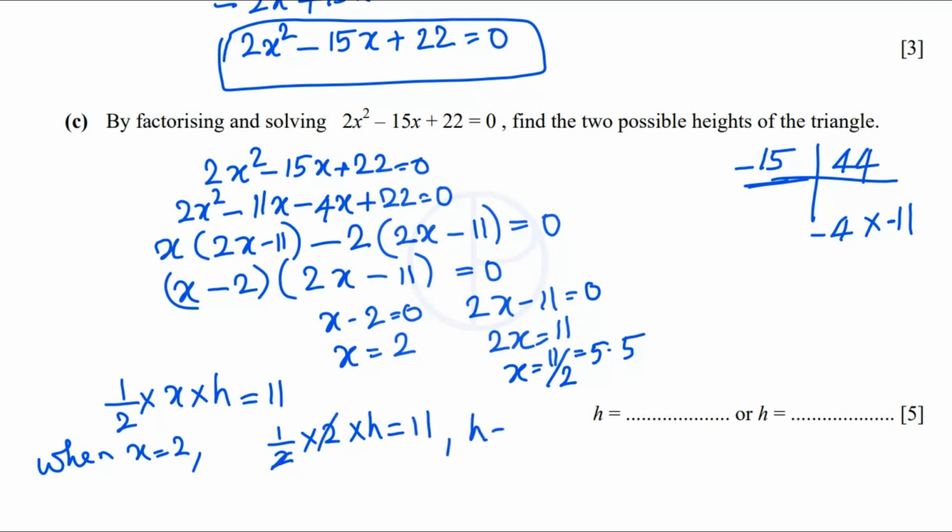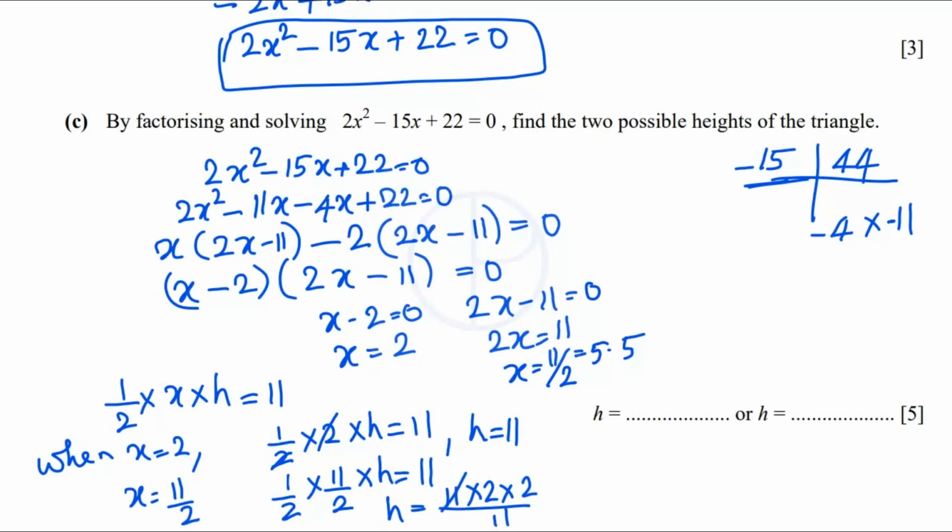That is h is 11. When x is 11 divided by 2, so 1 over 2 multiplied by 11 over 2 multiplied by h equal to 11. Okay. So now make h as the subject. So h is equal to 11 multiplied by 2 multiplied by 2 divided by 11. So 11 and 11 gets cancelled. 2 multiplied by 2 is 4. So h values are 4 and 11.